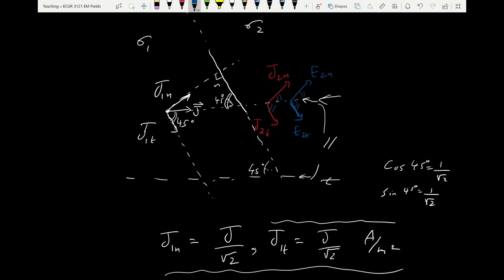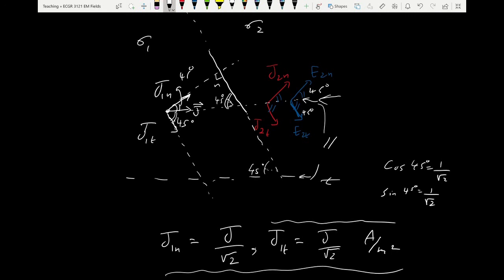What are those angles, by the way? We found that this angle was 45 degrees, right? And J1t and J1n are normal to each other, so the total angle should be 90 degrees. So this angle also is 45 degrees, right? So those two angles are 45 degrees.